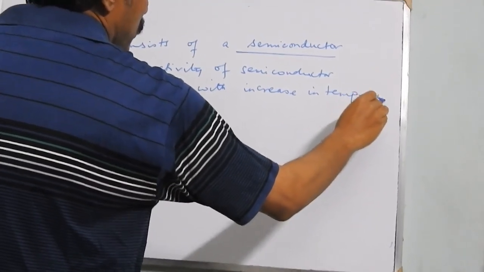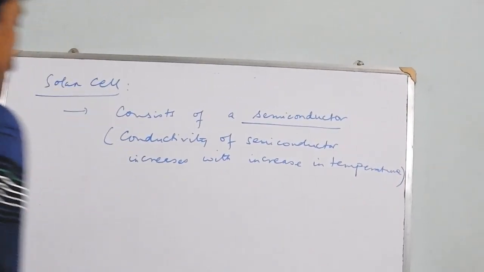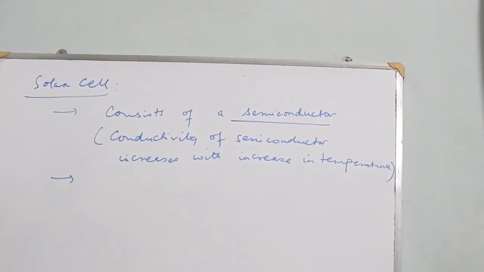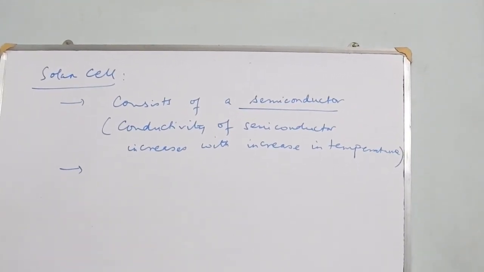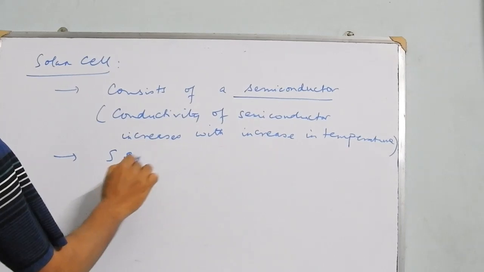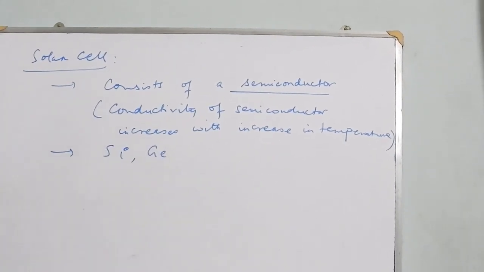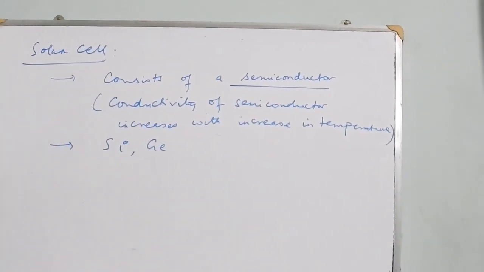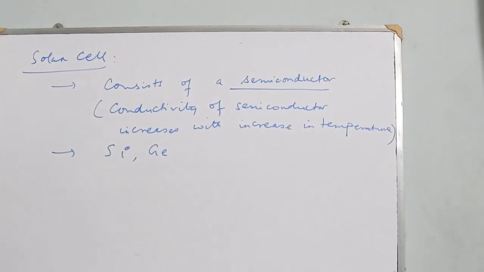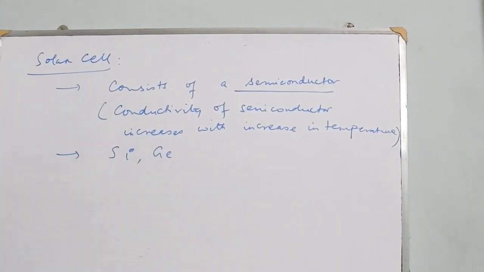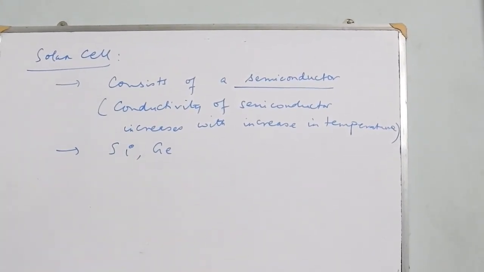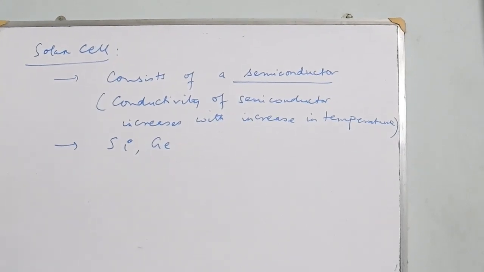So a solar cell will basically consist of this type of semiconductor, and the most popular semiconductors that are utilized in the solar cell are silicon and germanium. Some compounds like gallium arsenide are also used in the solar cell.